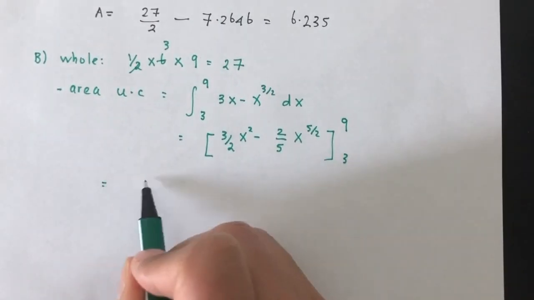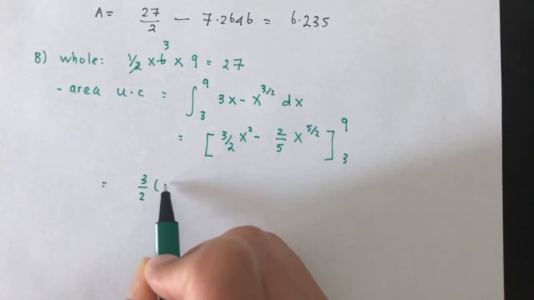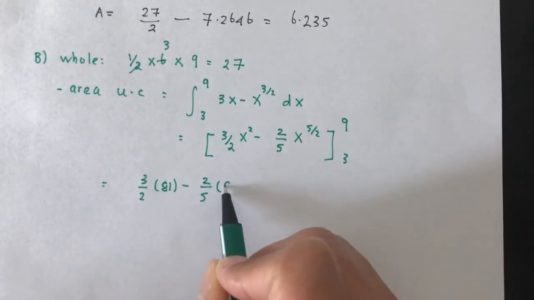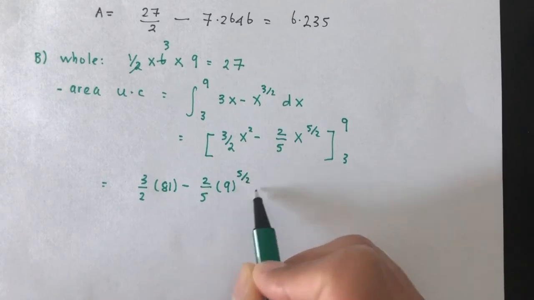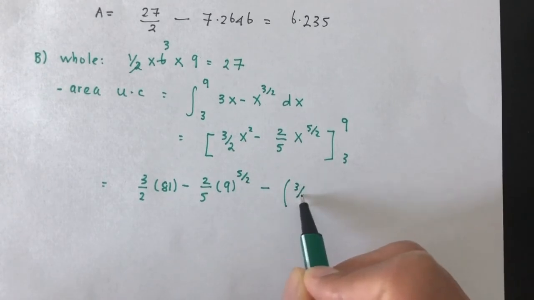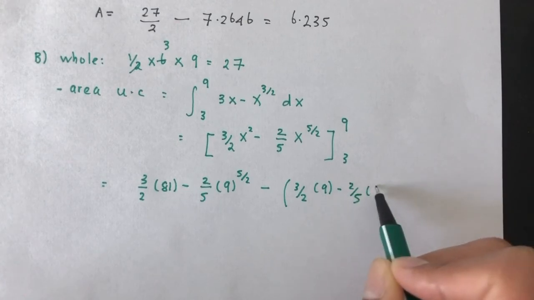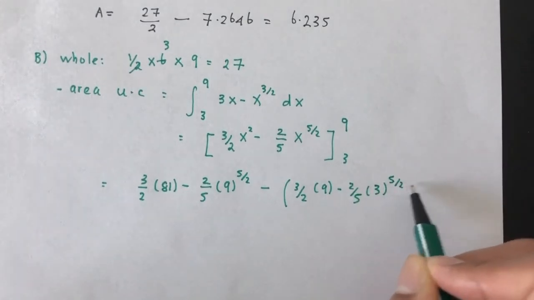So let's simplify. You will have 3 over 2 times 81 minus 2 over 5 times 9 power 5 over 2, minus 3 over 2 times 9 minus 2 over 5 times 3 power 5 over 2.